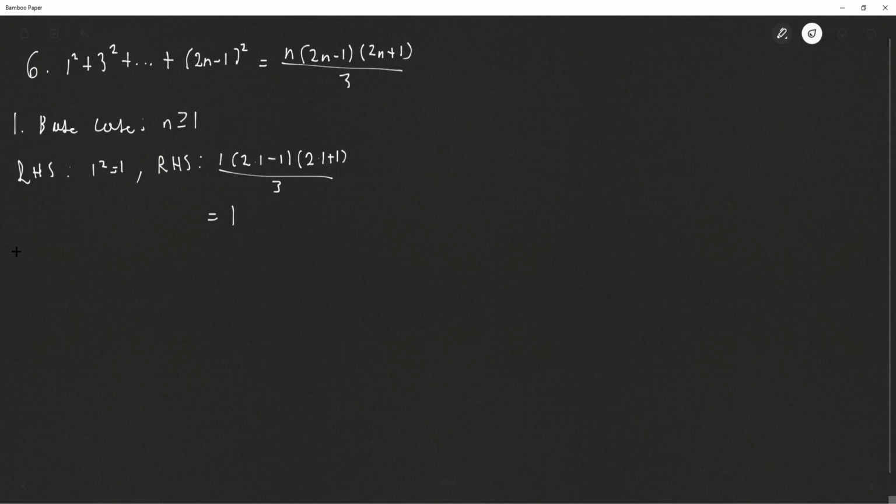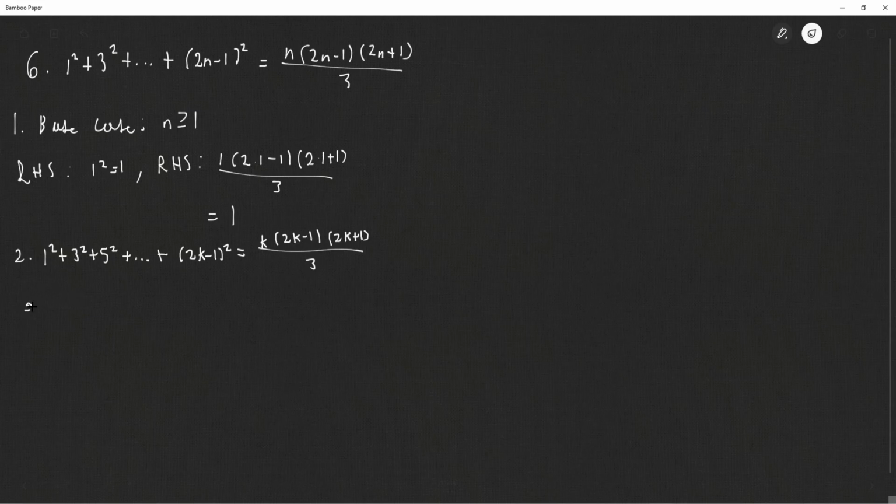Now we have our inductive step, which is our hypothesis. So we assume for some fixed k being greater than or equal to 1, we're going to have 1 squared plus 3 squared plus 5 squared all the way up to 2k minus 1 squared is going to equal k times 2k minus 1 times 2k plus 1 all divided by 3.